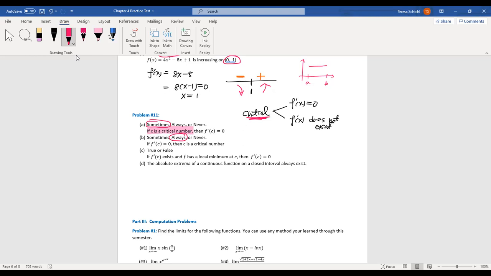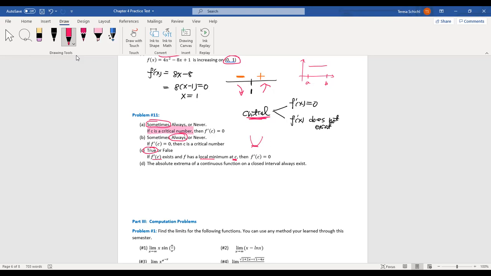It said if f prime of c exists and f has a local min at c, then f prime of c will be equal to 0. Is this true? Yes, because it has to have a turning point here, right? Because this exists.